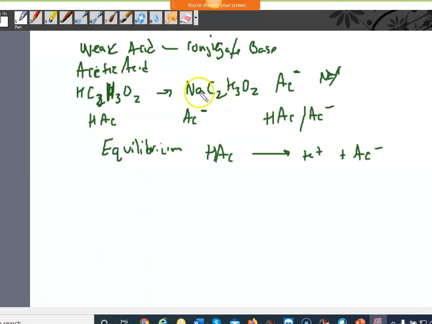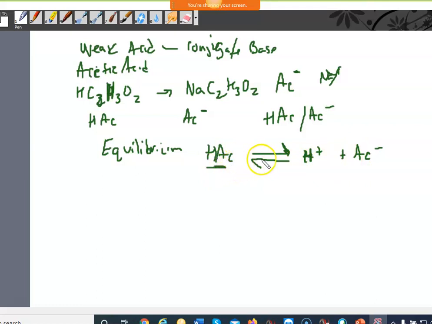But remember, at a certain point, as soon as I create a lot of this, the reaction starts reacting and starts reforming HAC. So at a certain point, I hit equilibrium where the forward reaction is equal to the reverse reaction.